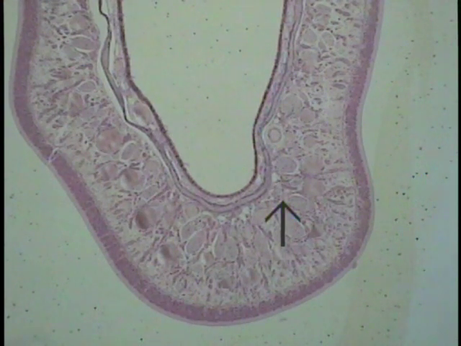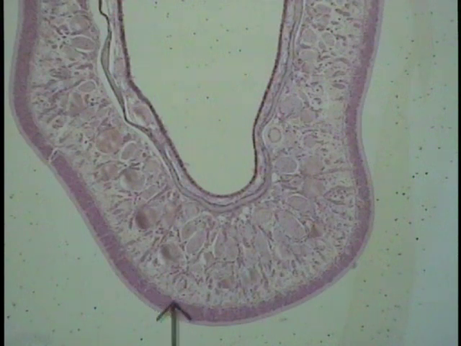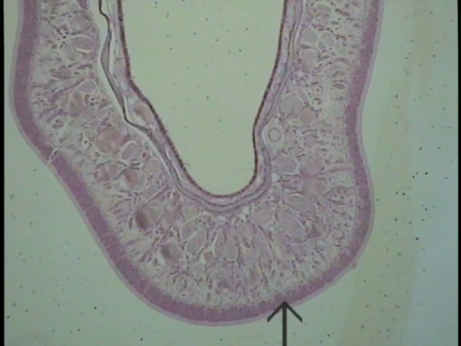In this particular case, again, it's a pseudostratified columnar epithelium, but in this case, it's fairly unique. It's olfactory epithelium. That's a specific type of pseudostratified columnar epithelium. Note the very large area occupied by the lamina propria in this particular case.